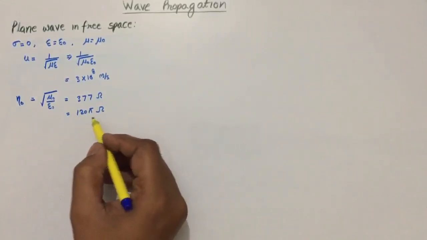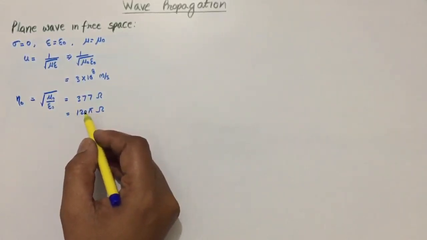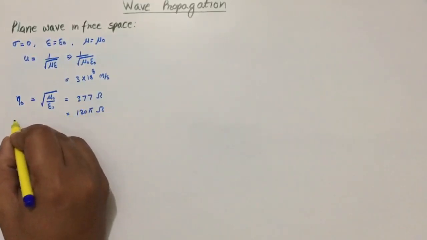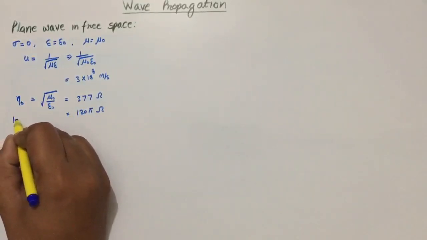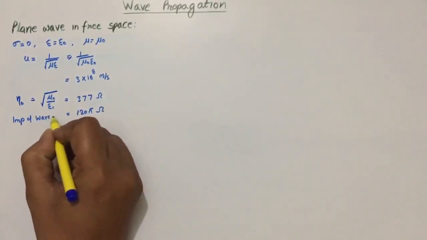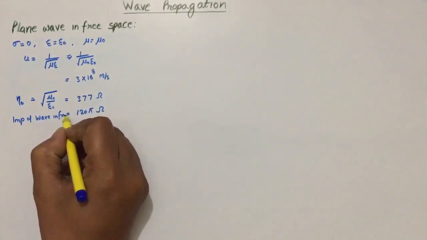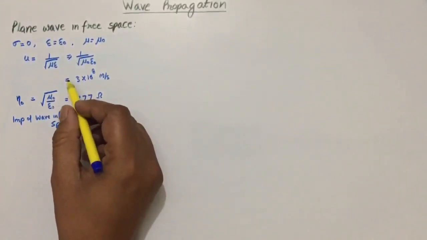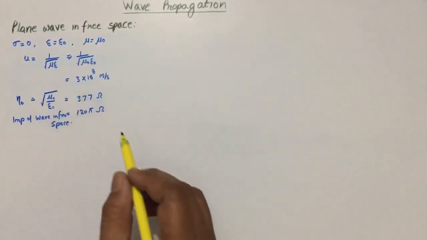Okay, so this is the impedance of the wave in free space, and this is the speed of the wave in free space.